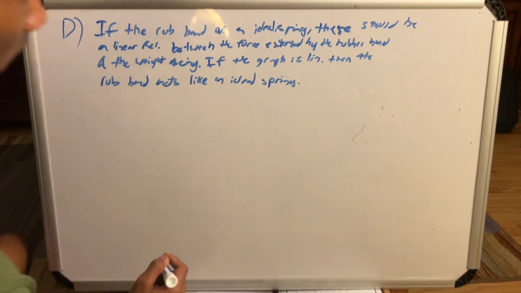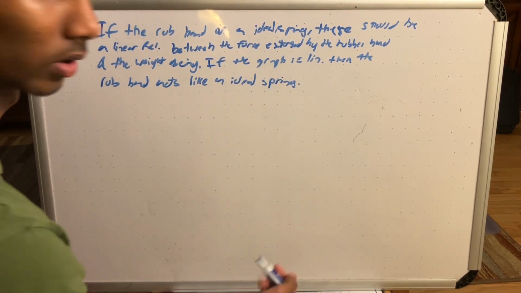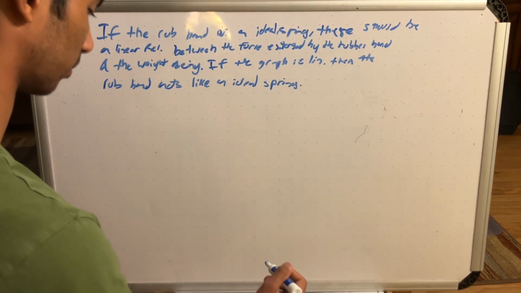So F would be K times X, once you find the K of X, and then it should be proportional to the different types of mass.